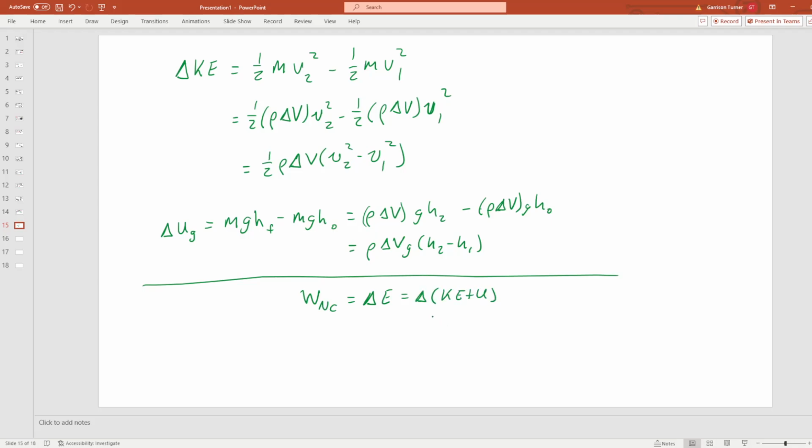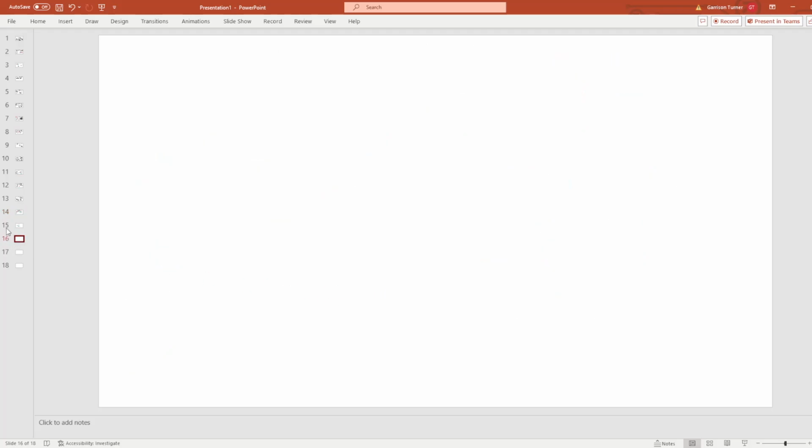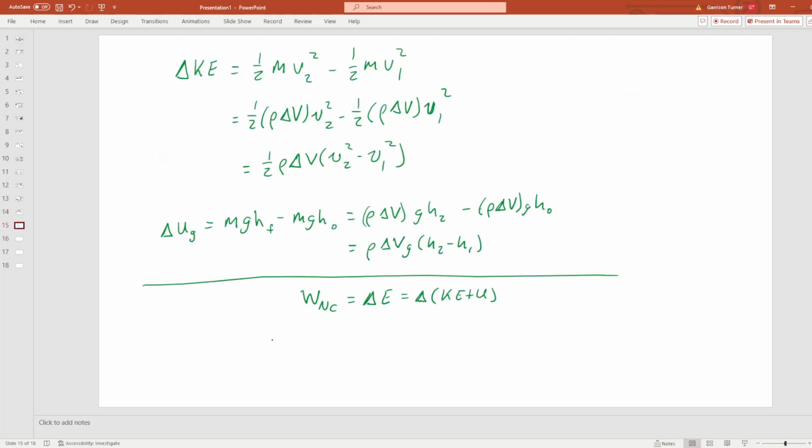So the work done by our pressure forces, whatever's pumping the water through, this (P1 minus P2) delta V, is going to be equal to the change in kinetic energy plus the change in potential energy.